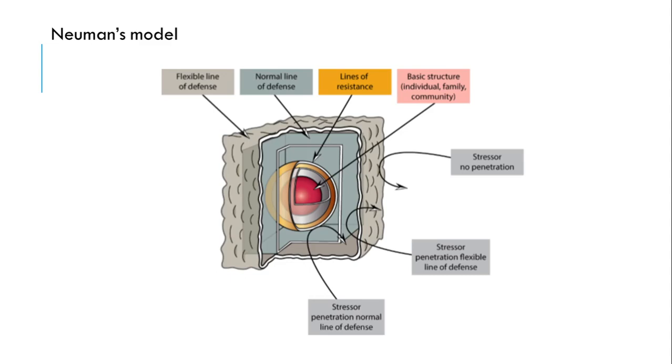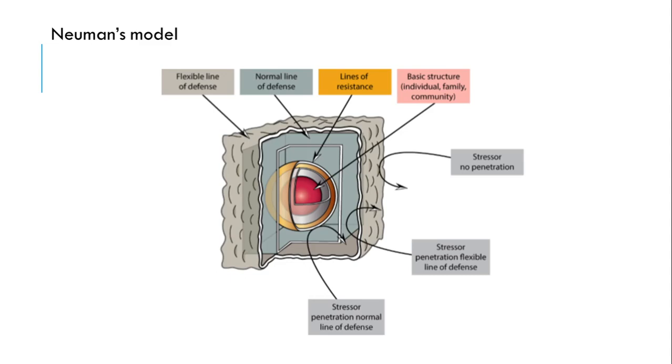Normal line of defense maintains the wellness state, and it is the normal reaction of the client in response to the baseline determinants of wellness. For example, practicing healthy behaviors prevents persons from getting ill. So these will be the normal lines of defense. Line of resistance acts when the normal line of defense is invaded by too many stresses causing alterations in health.